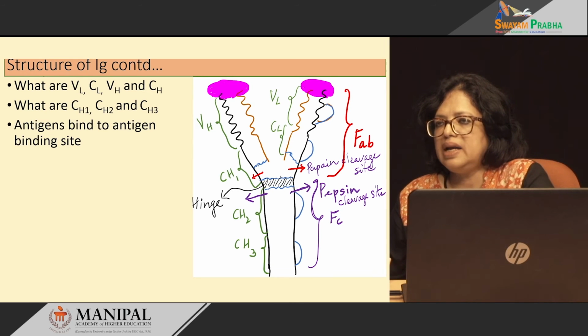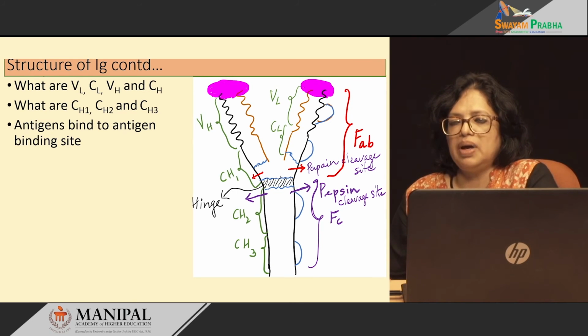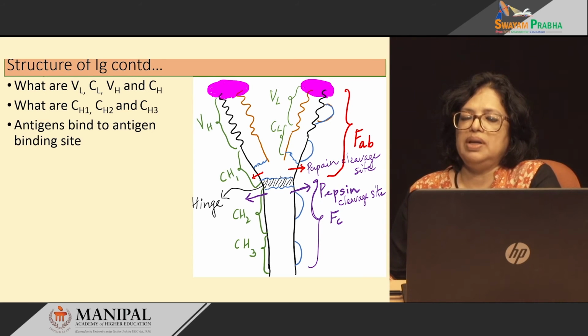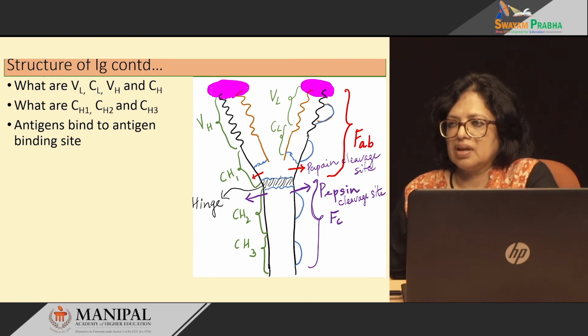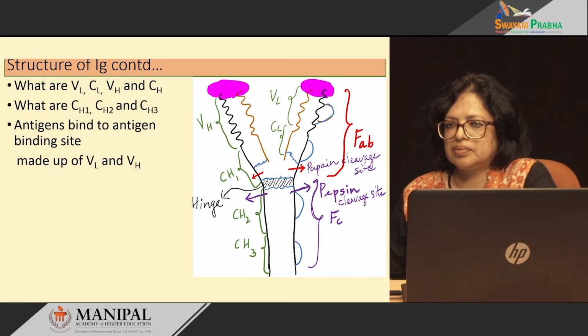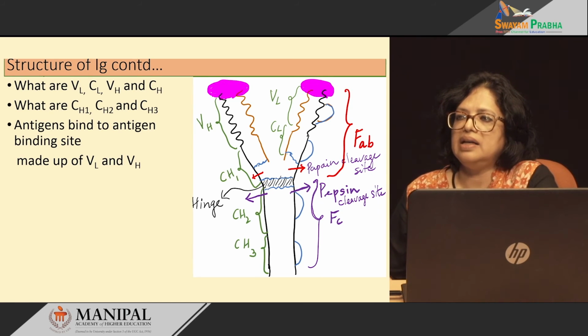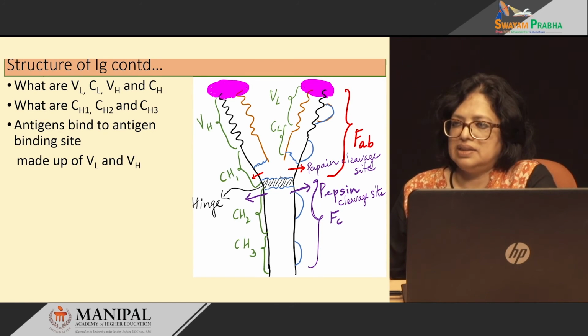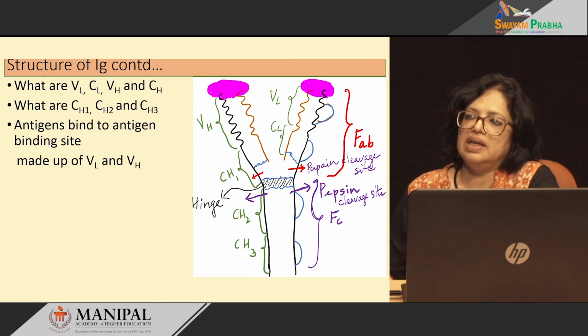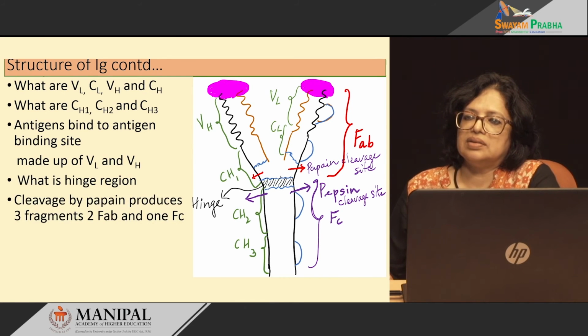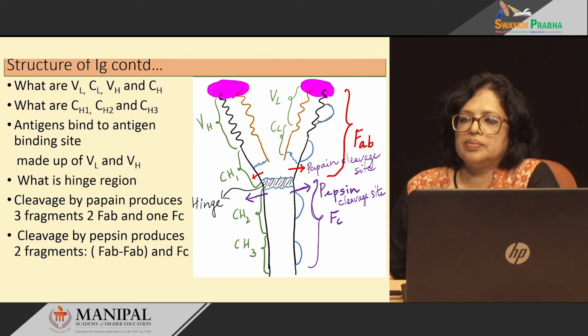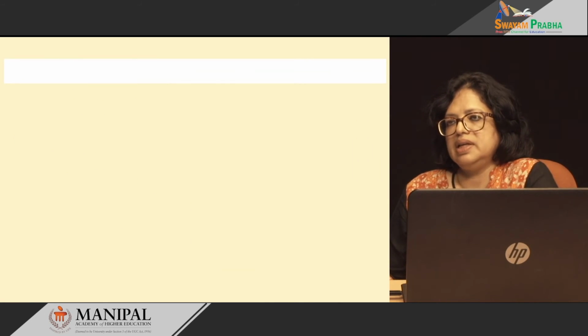So, 2 antigens can be bound by one immunoglobulin molecule, and this antigen binding site is made up of the VL and the VH of the immunoglobulin. So, we have explained all this already.